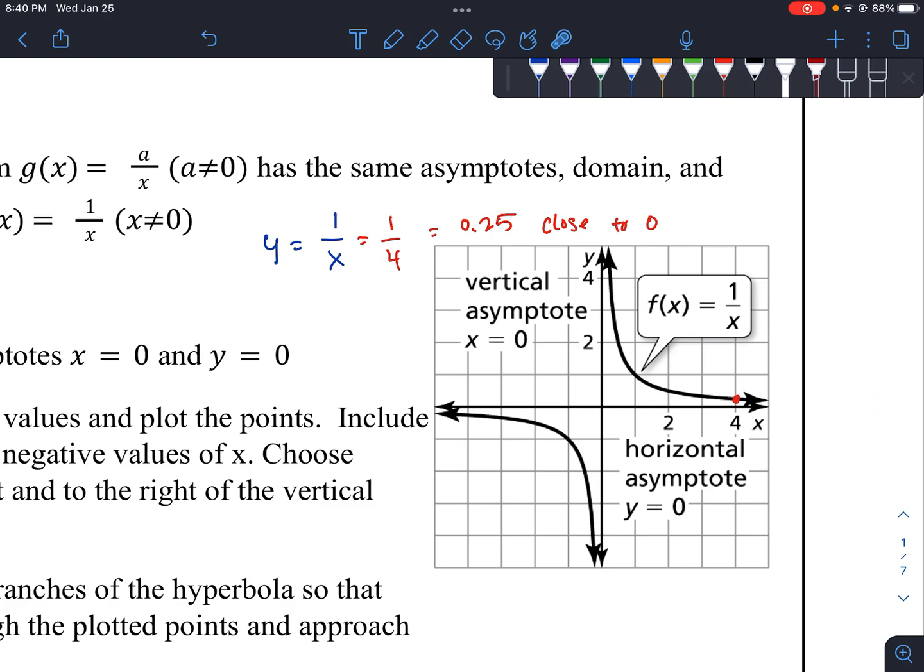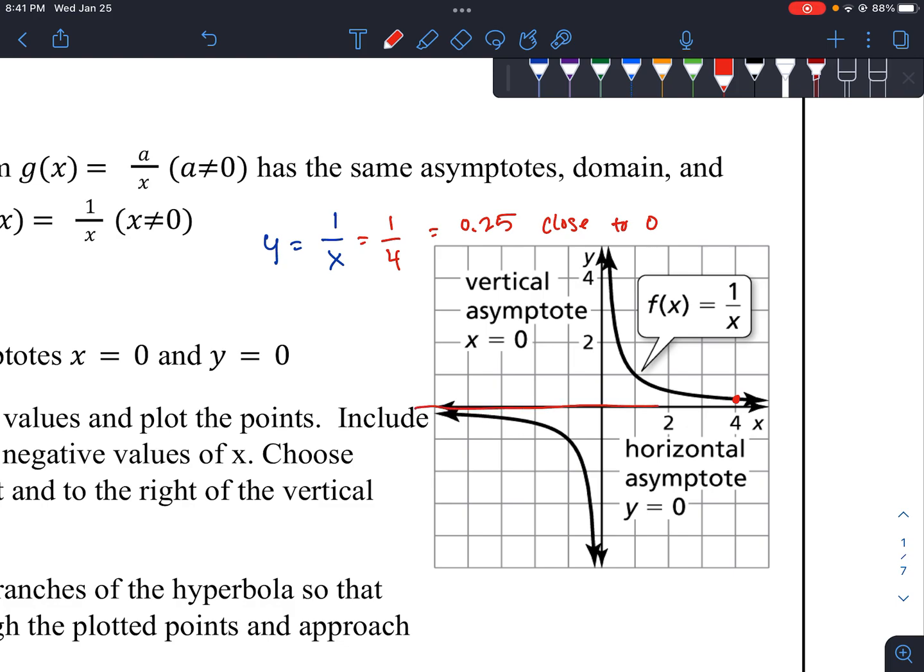If we plug in x equals 10, y is equal to 1/10. If x is equal to 100, y is equal to 1/100th. If x is a million, y is 1 over 1 million, which is a very small number close to 0. So y will infinitely get close to 0 but never actually be 0, in both directions.